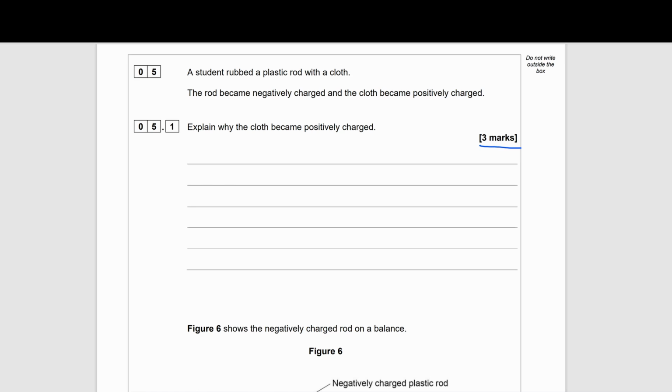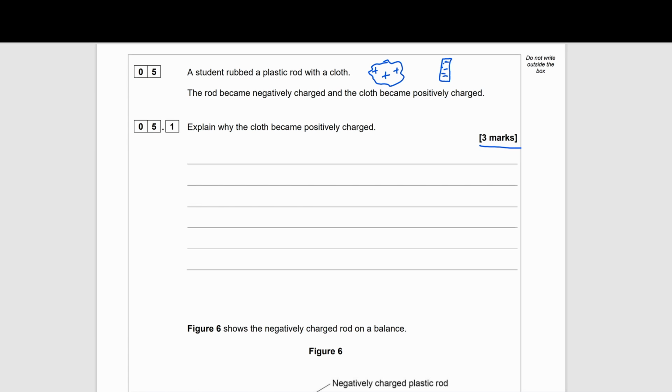So, we are thinking now about static electricity. So, our cloth and our rod are here. Once the rubbing against each other has taken place, we are saying that the cloth is now positively charged and the rod is negatively charged.